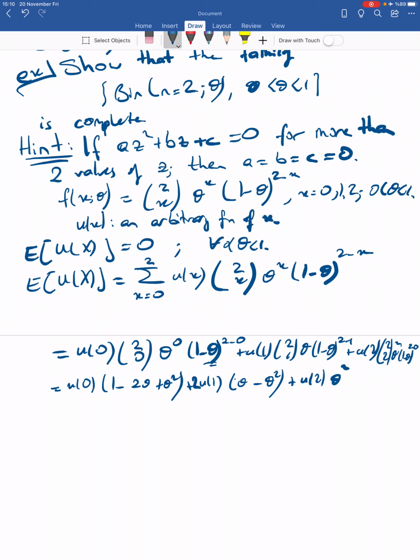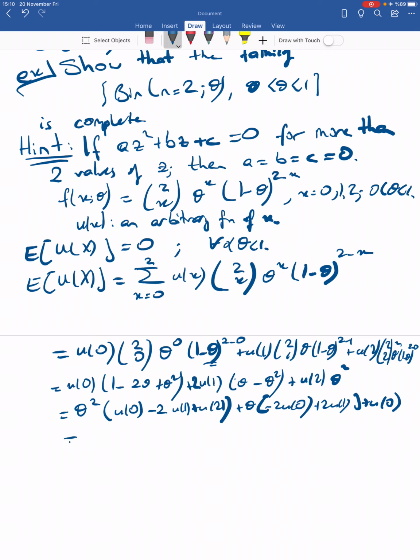Let's write this as a quadratic function in terms of theta. The coefficients will be: u0 minus 2 u1 plus u2 for theta squared, then minus 2 u0 plus 2 u1 for theta, and u0 only for the constant term.